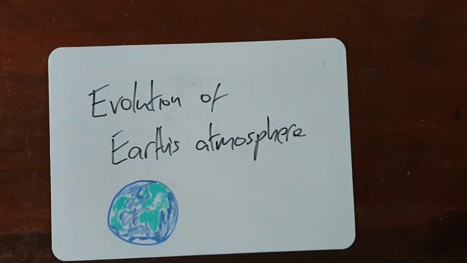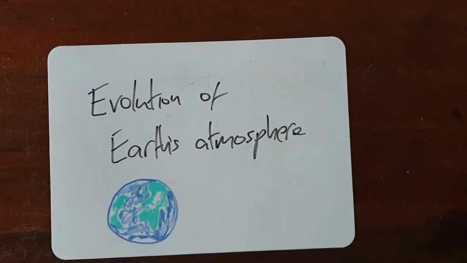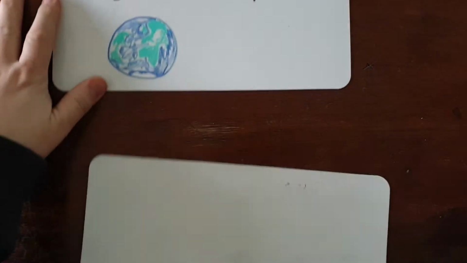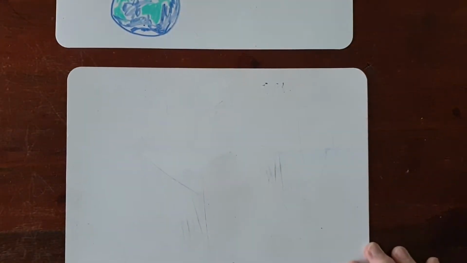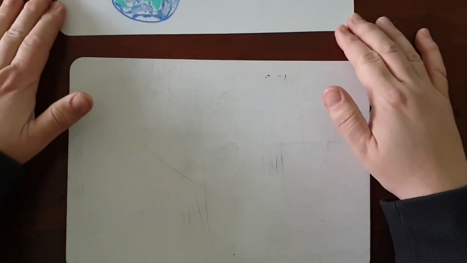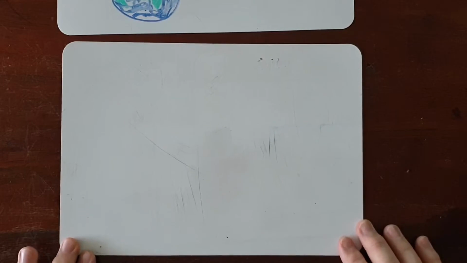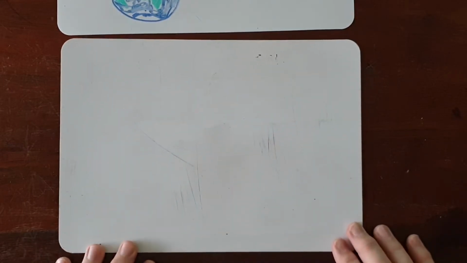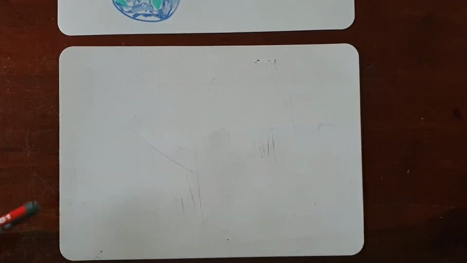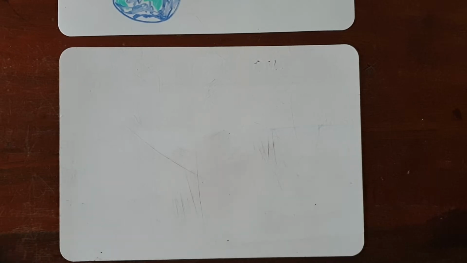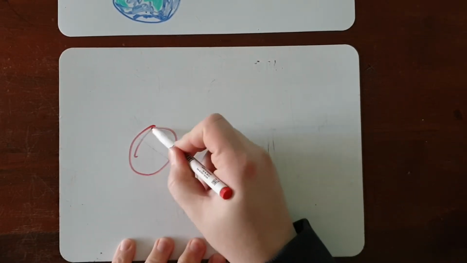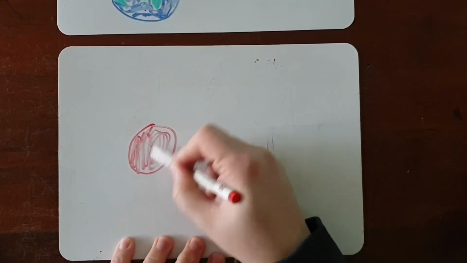So, evolution of the Earth's atmosphere. This is a whistle-stop tour taking you through everything you need for the Edexcel GCSE. So we're going to go back a few billion years. Earth is about 4.5 billion years old, give or take a week. Earth is newly formed, and it is a super molten ball of rock.